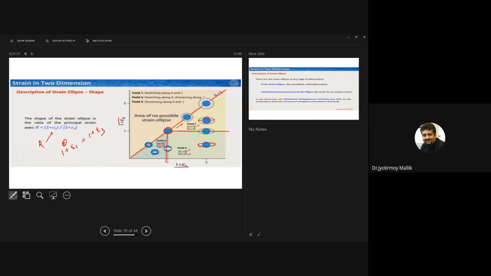That means what has happened? Your x direction has remained the same, but the y direction has actually shrunk. Okay. So this is how, based on the R value, you can place different sorts of strains into perspective.